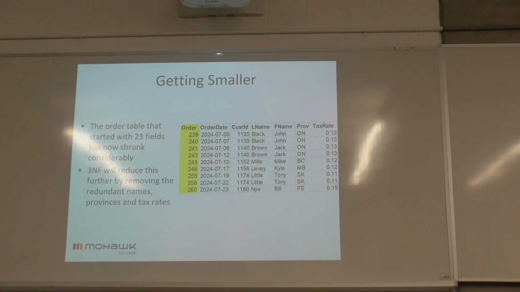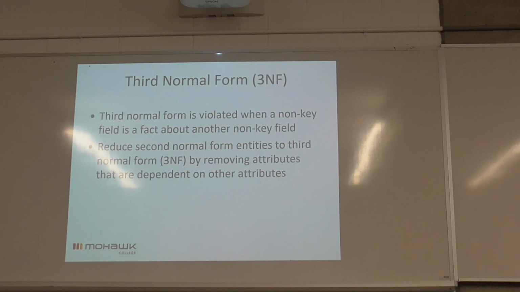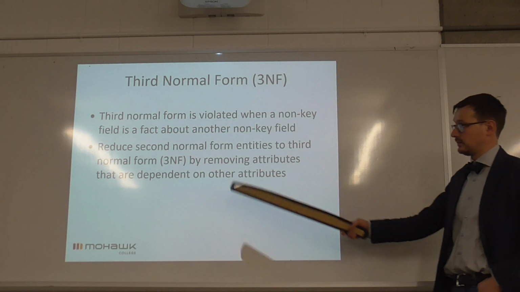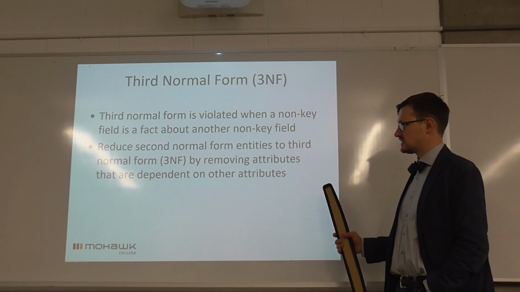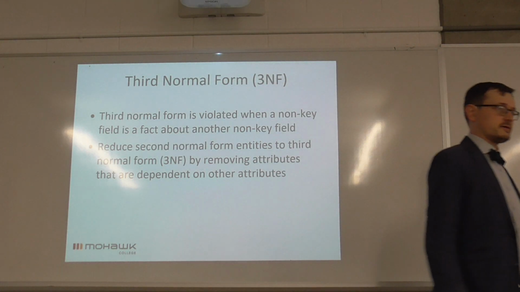If you look at this, you should say, this is obviously a foreign key, just to a table that's not extracted yet. So, reduce second normal form entities to third normal form by removing attributes that are dependent on other attributes.